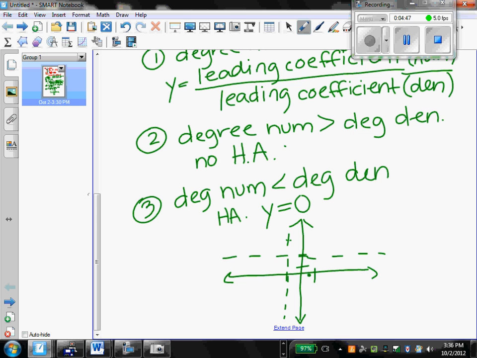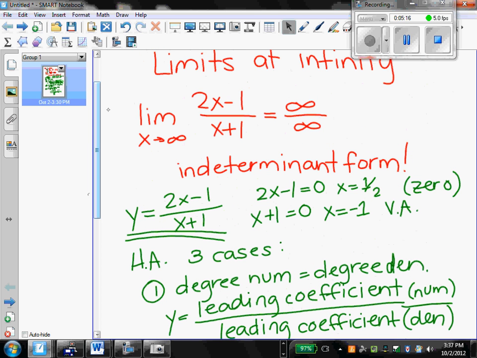Now, because I have this 0 right here, I pretty much know what my graph is going to look like. As x goes to infinity, my graph is always going to approach 2. And it doesn't matter if it's infinity from the right or to negative infinity, it's always going to approach 2. So because our horizontal asymptote is 2, our limit is going to be 2.